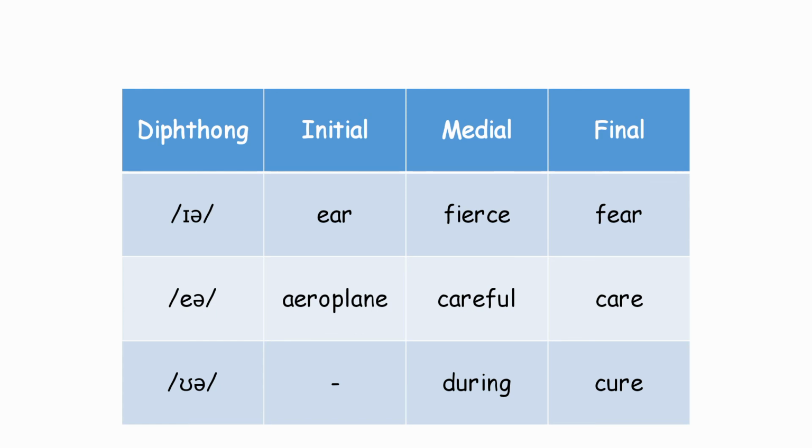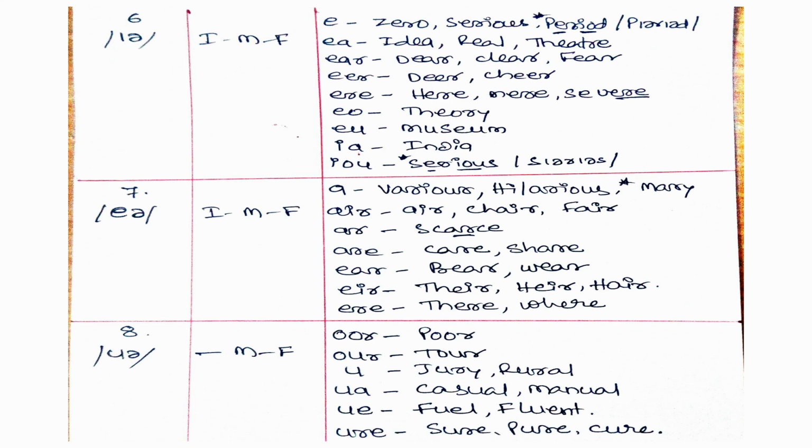Okay. Now let's see its spelling. Yes, it is an MF sound. It means medial and final only. It is represented with the letters OOR, OUR, U, UA, UE, URE. Now, OOR in the words such as POOR, poor.